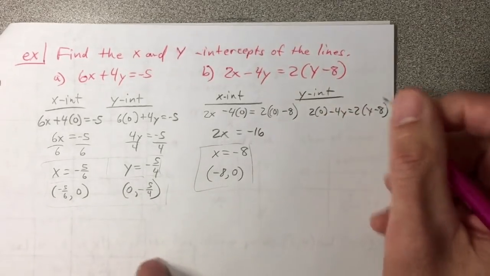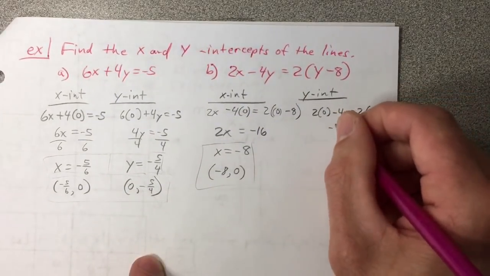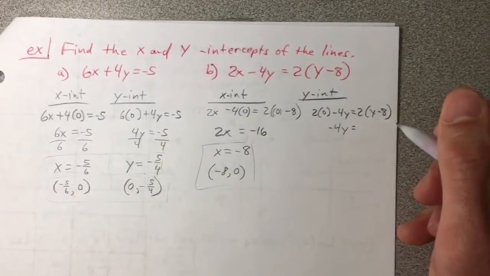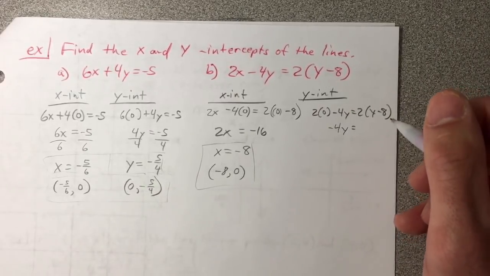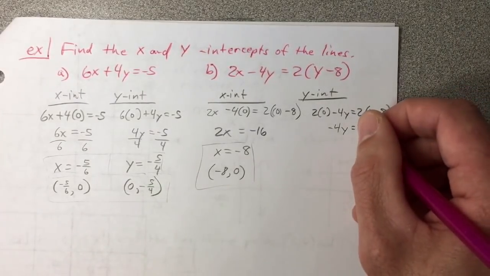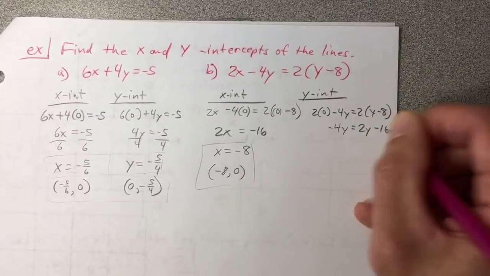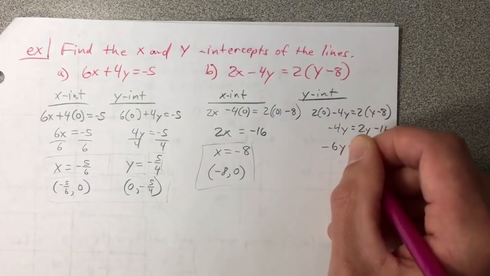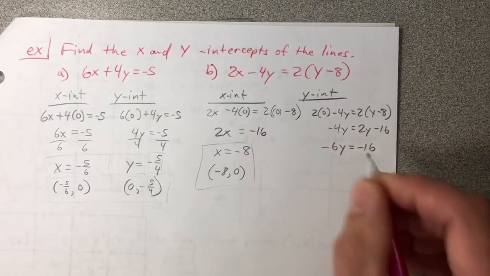For your y-intercept, put 0 in for x. So we get a 0, leaves us with the negative 4y. And then on this other side, well, it's kind of funny. I guess I'll go ahead and distribute 2y minus 16. Now I'll get my y's together. I'll get a negative 6y equals negative 16.